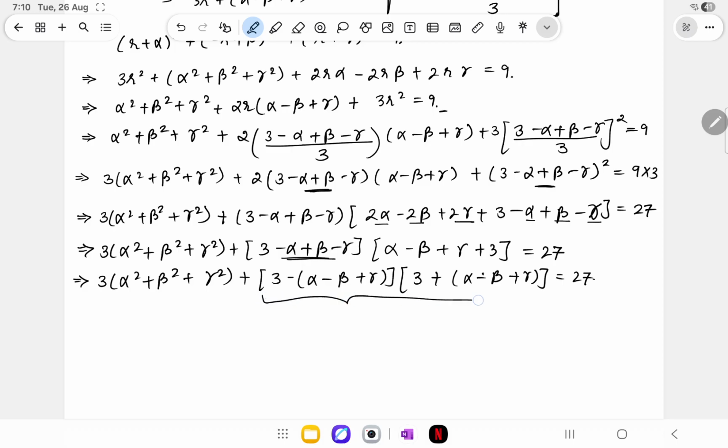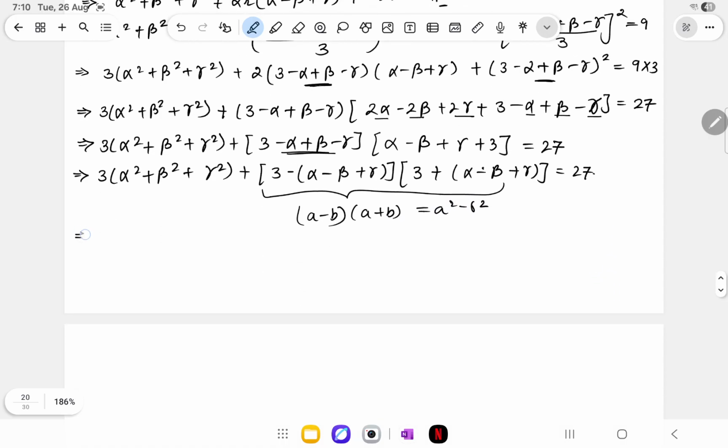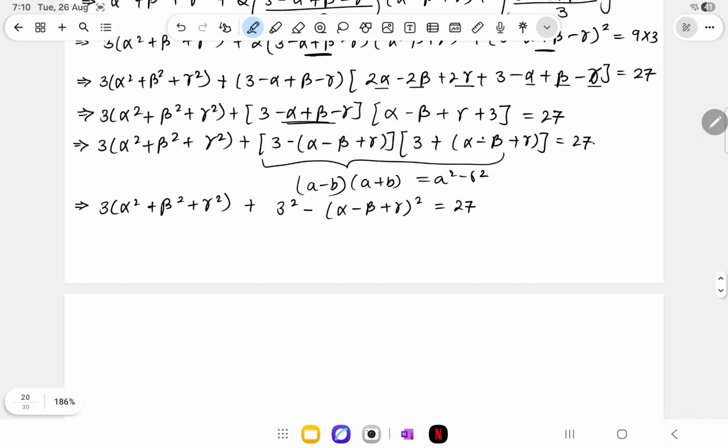So if you observe, it is somewhat like a minus b into a plus b, so I can write it as a square minus b square. So it will reduce to 3 into alpha square plus beta square plus gamma square plus 3 square minus alpha minus beta plus gamma whole square is equals to 27.